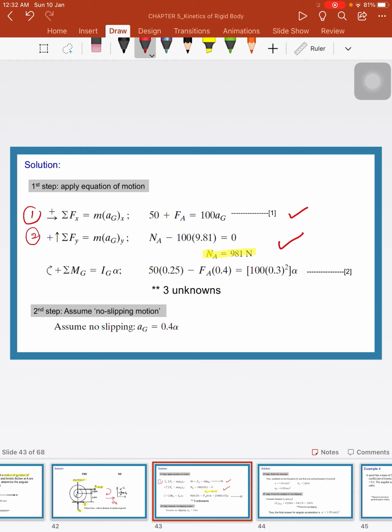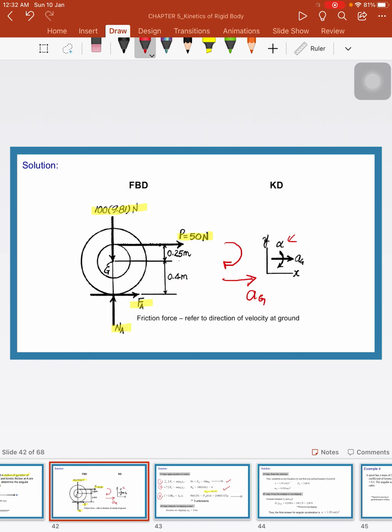The third equation is for moment. So assume clockwise is positive.